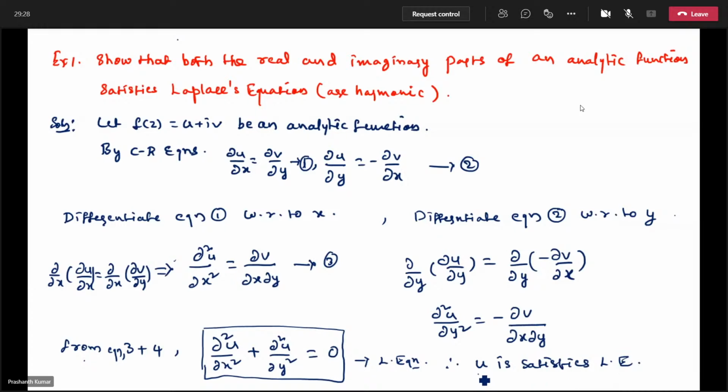So u is a harmonic function, because u is satisfying the Laplace equation.